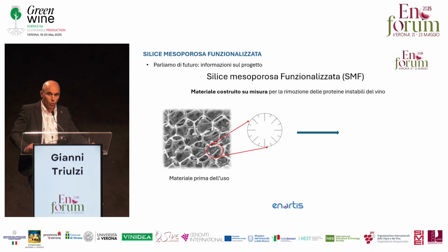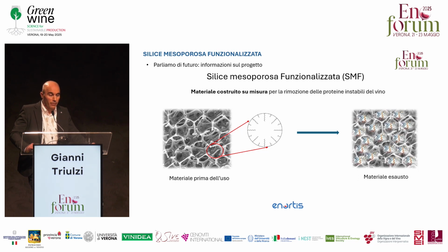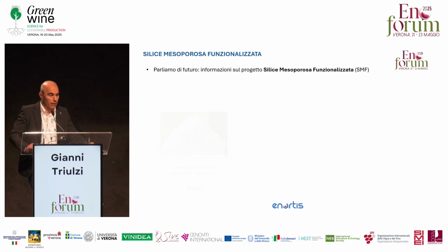And the protein enters into the material. There are these sort of hooks that retain the protein. This is the material after the process. The wine has been stabilized in terms of its proteins.